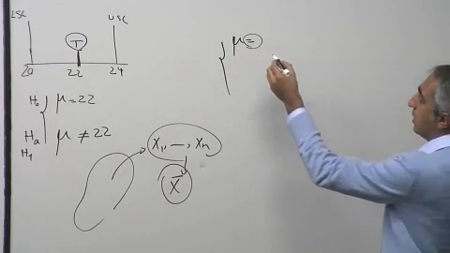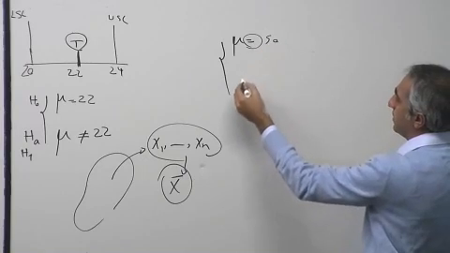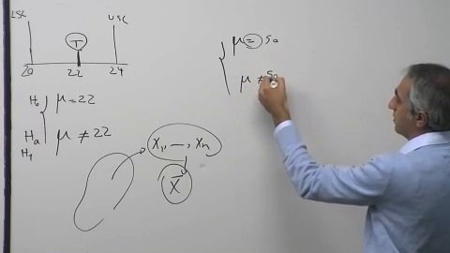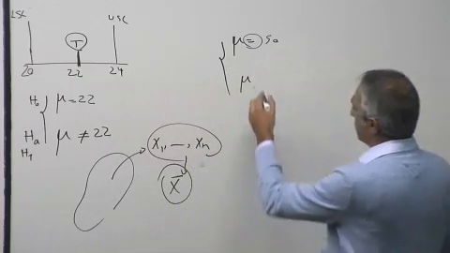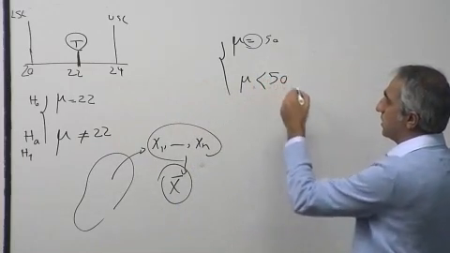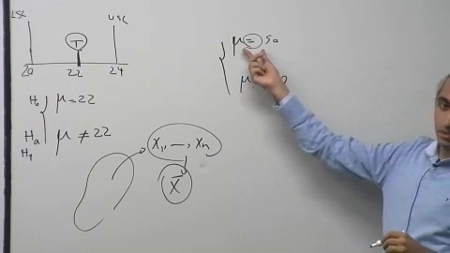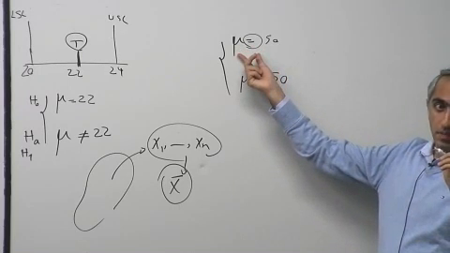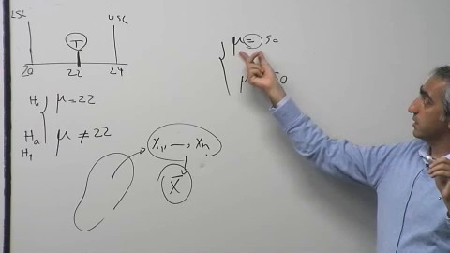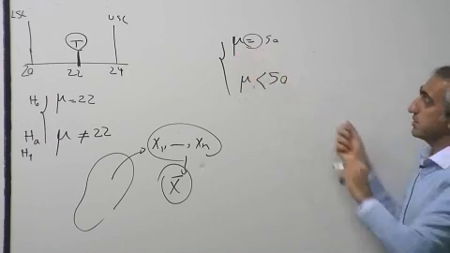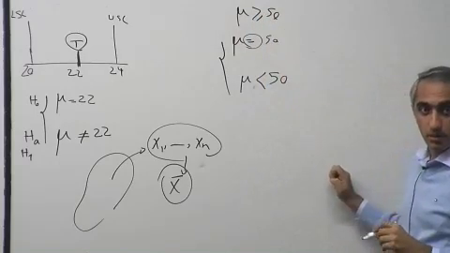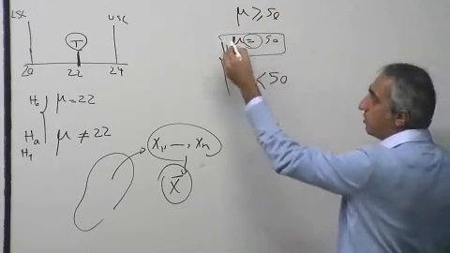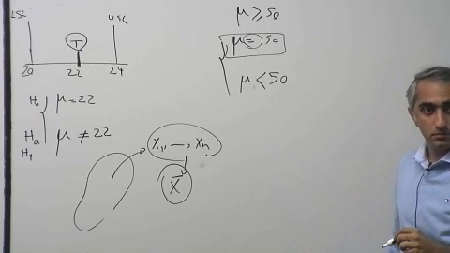For example, 50 or not equal to 50. If you are talking about one-sided, we still use equality here, but implicitly we are saying mu greater than or equal to 50. In terms of notation, we always use equality in H naught.